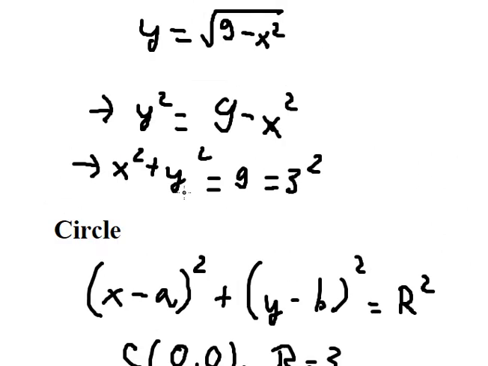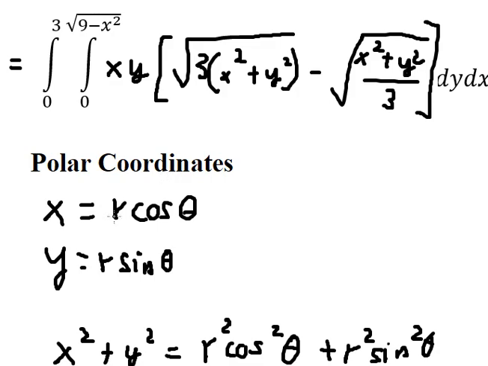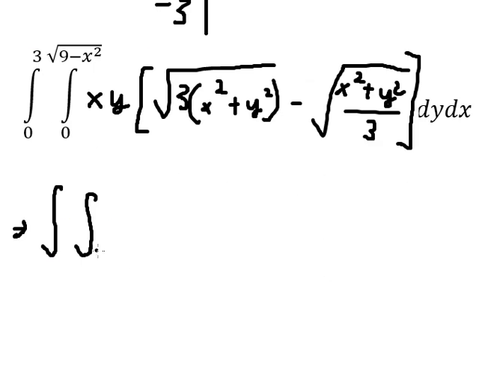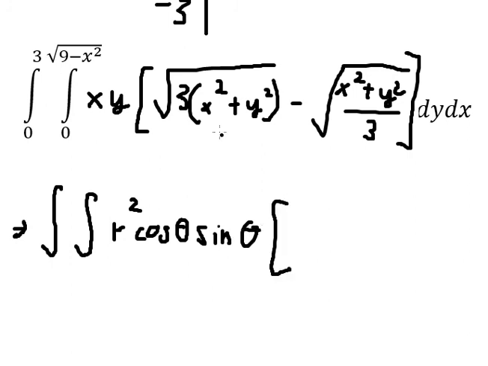X and Y we change by r cosine theta and r sine theta. So we can put r square cosine theta sine theta. This one we change by r square, so we have the square root of number 3 r square. This one we have the square root of r square over number 3.